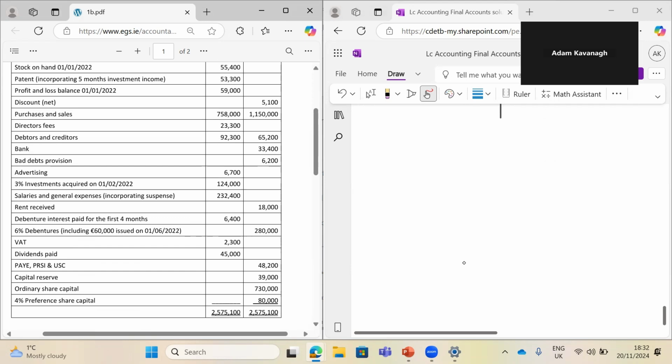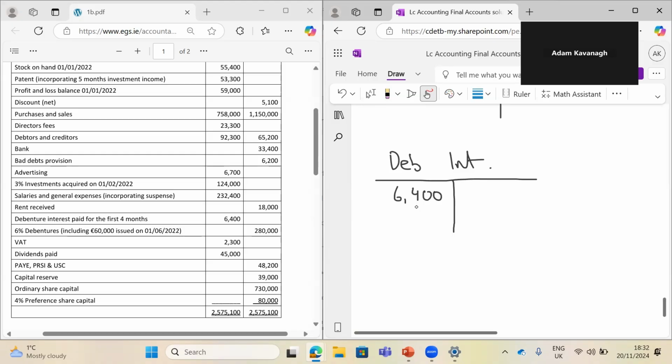So for this adjustment, we entered 6,400 on this side. Now let's do the adjustment for the debenture interest. The debentures were adjusted on the 4th of June.